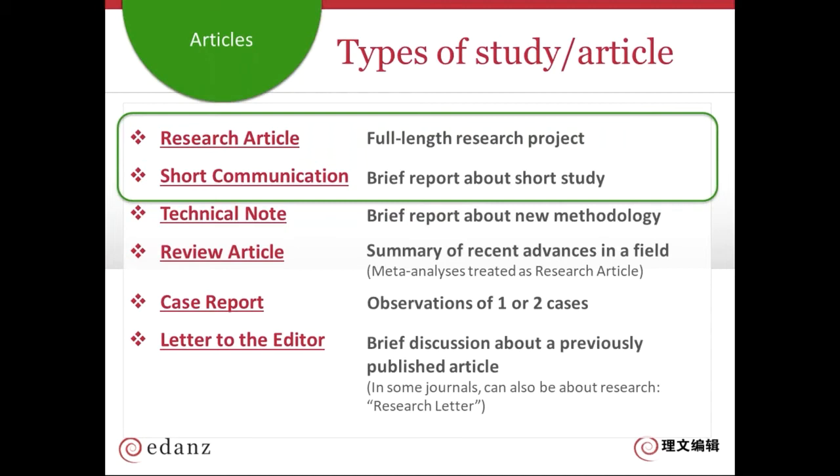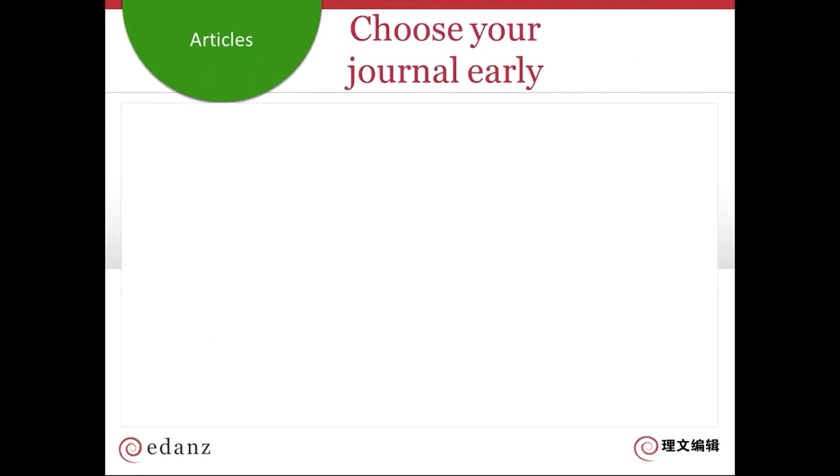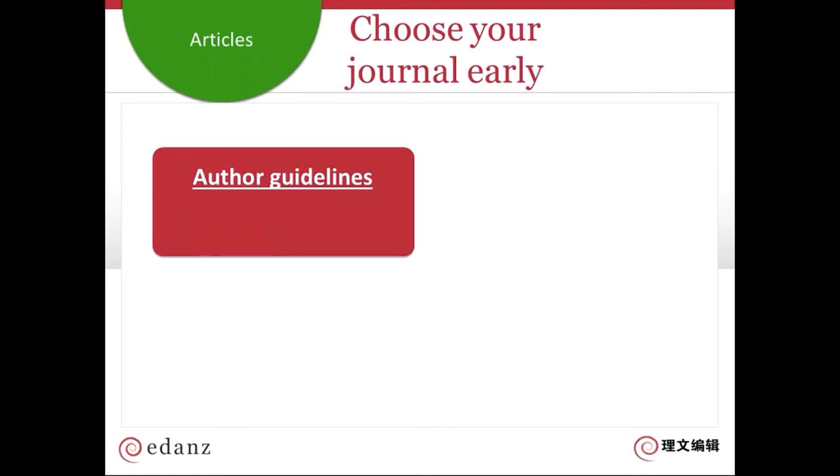And not only will we go over structure, but I'll give you some tips on how to just start writing your article. So, we advise you to choose your journal early. This means choosing and finding the author guidelines online.